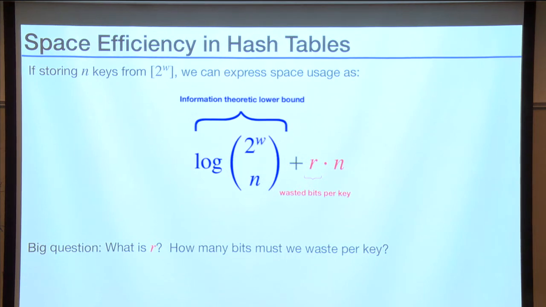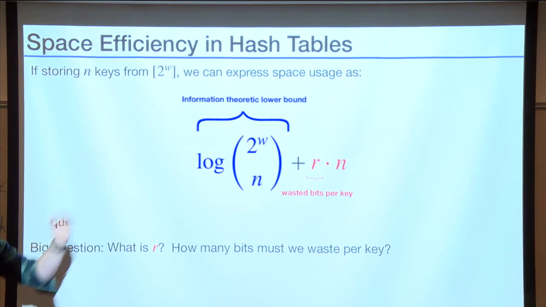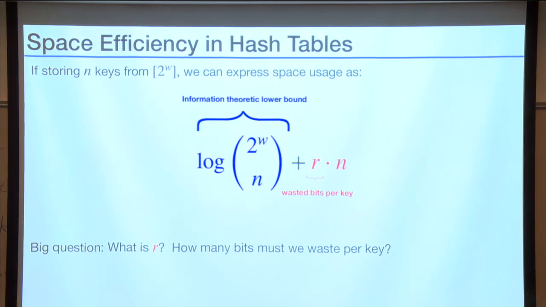And then additionally, you have the other bits that your hash table uses, r times n. Here it makes sense to think of r as the number of bits per key that you're wasting beyond the information-theoretic lower bound. And so the central question for this talk is, what is r? How many bits do we actually have to waste per key?